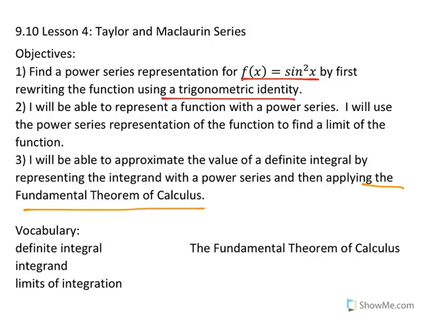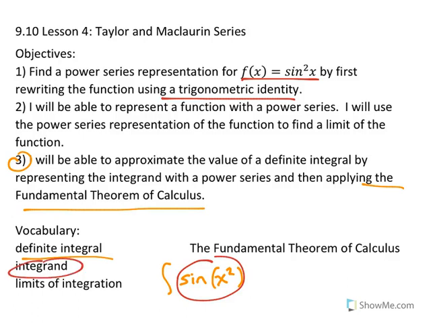Vocabulary, in Objective 3, we'll be looking at a definite integral. So, for example, you might have something like sine of x squared. That would be our integrand. This would be called a definite integral because it would have what we call limits of integration.